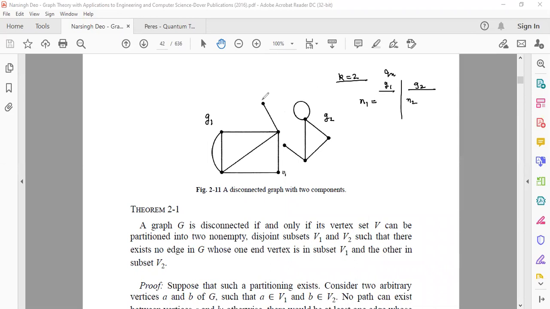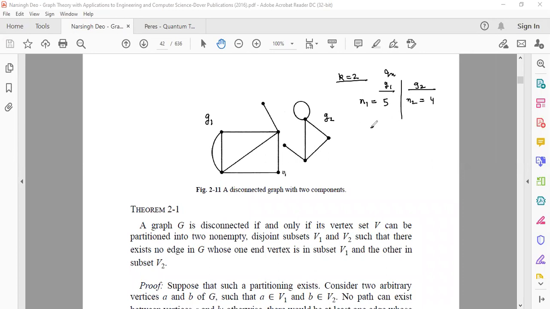We have in G1 5 vertices, and in G2 we have 4 vertices. And in total there are k components, that means 2 components in this particular graph.